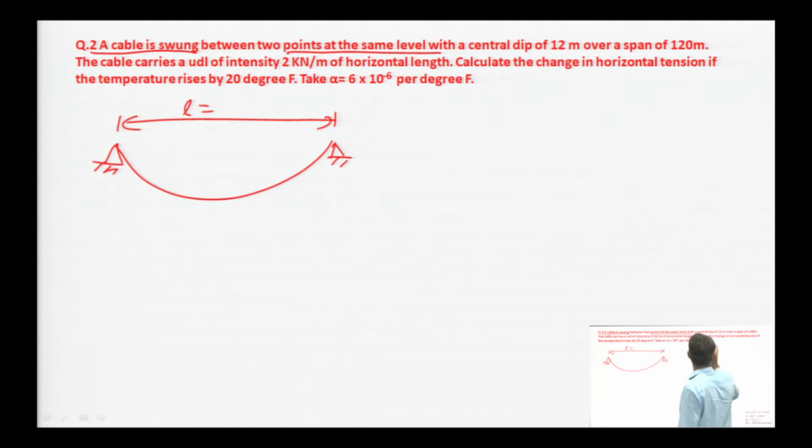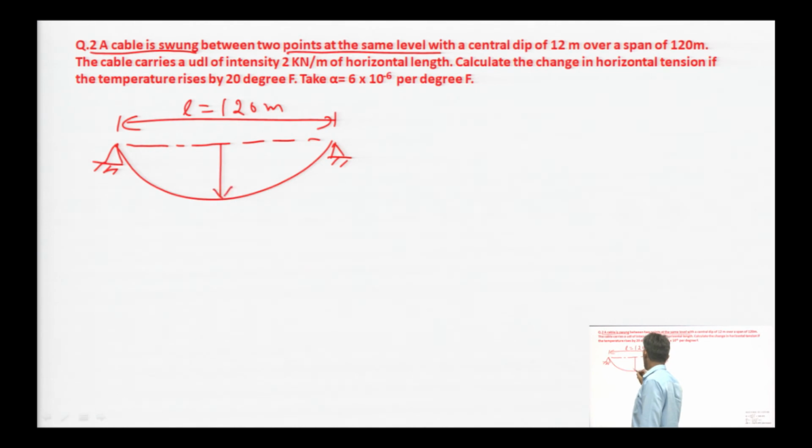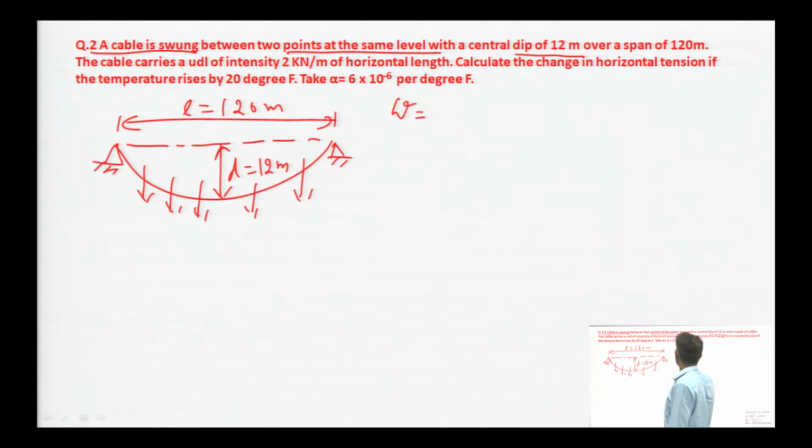L is equal to 120, span is 120 meter, and the central dip is 12 meter, D is equal to 12 meter. It carries a UDL, means W is equal to how much? W is equal to 2 kilonewton per meter. Calculate the change in the horizontal tension.